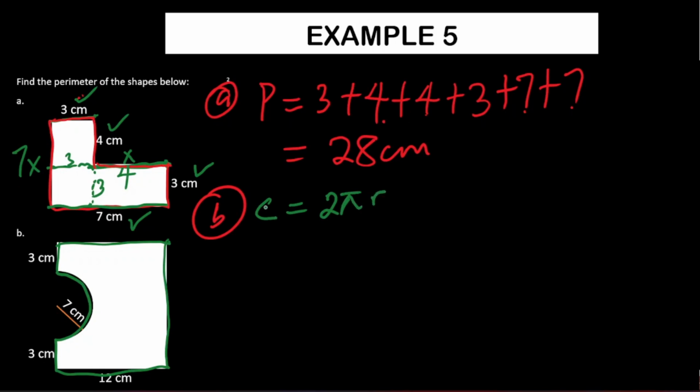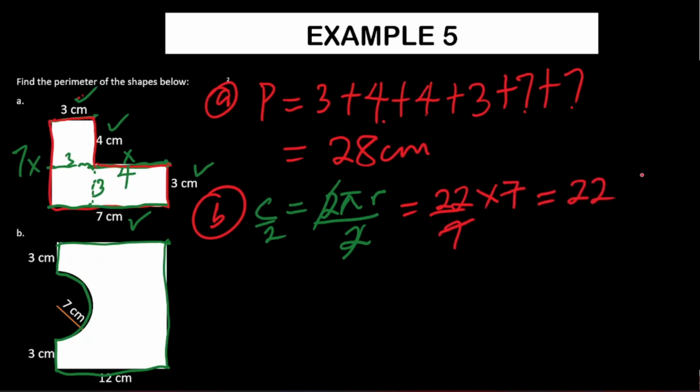But this is half of a circumference, so we divide it by 2. So this cancels this, plus the rest. Let's calculate this one first before we proceed. Pi is 22 over 7 times the radius, which is 7. So 7 cancels 7. So this one is 22. Let's keep this.